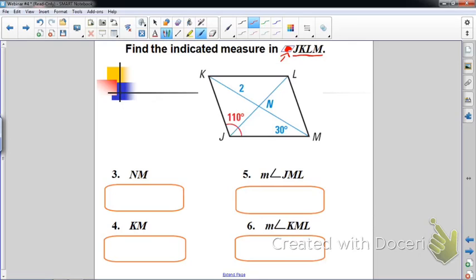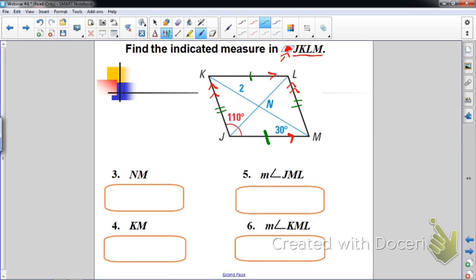So I know that line segment KL and line segment JM are parallel. I also know that KJ and LM are also parallel. I know that the line segments are congruent. I'll put that in green. So this will be congruent to this. This will then be congruent to this.